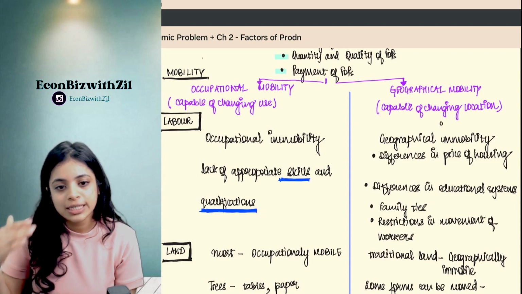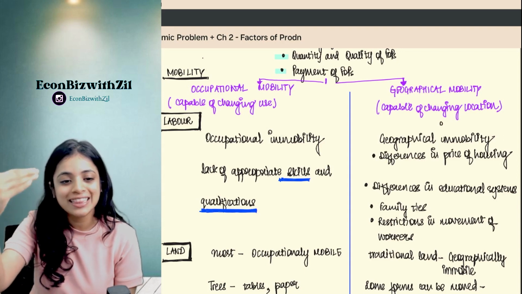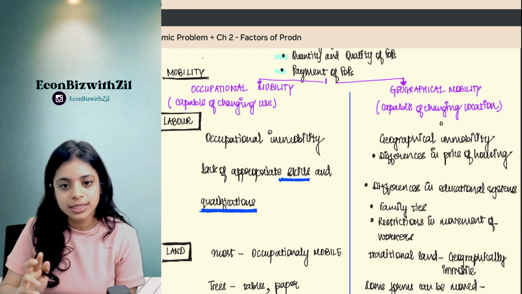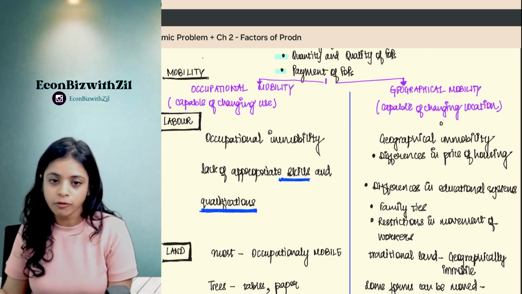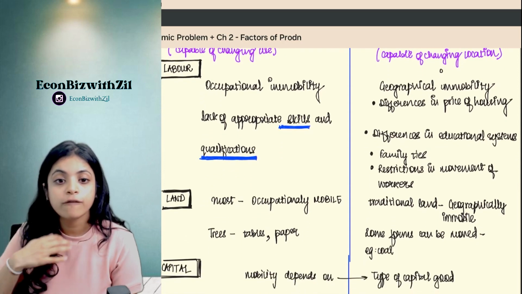Okay, so we're going to see this for each of them. We start with labor, then go with land, then capital and enterprise, and we understand how the occupational mobility and geographical mobility work for all four of them. Diving straight in for labor.